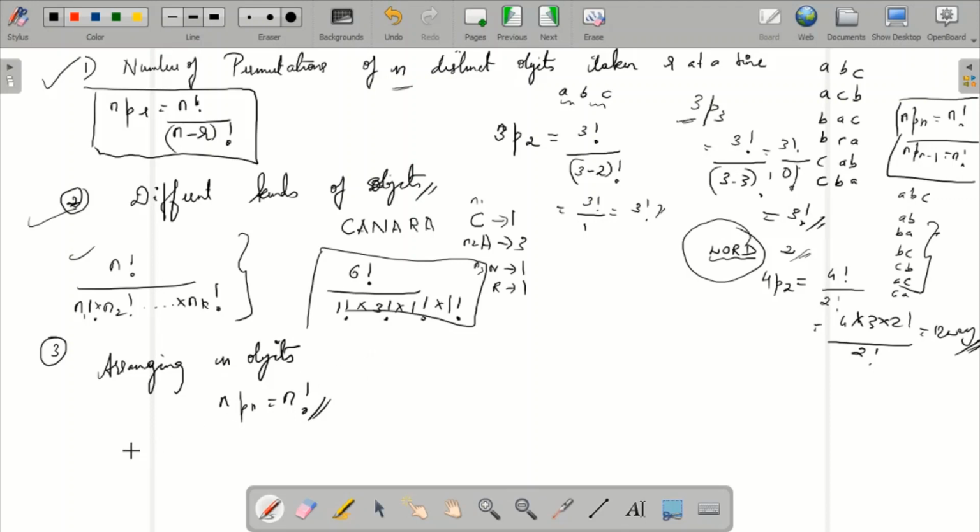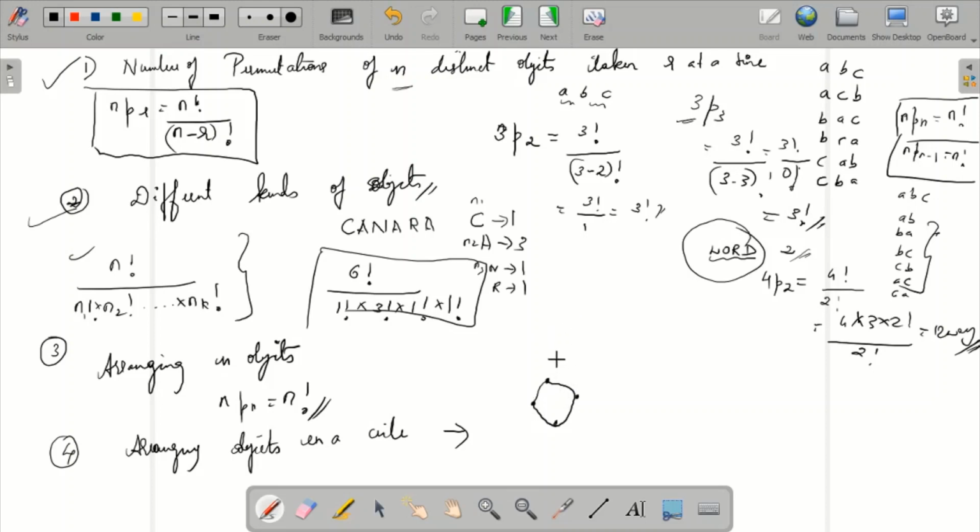Next, arranging objects in a circle. You can arrange it either clockwise or anti-clockwise. For example, there are 4 people and I want to arrange them in a circle.